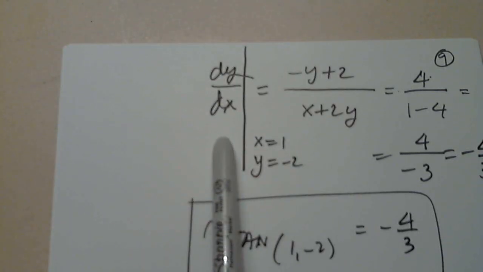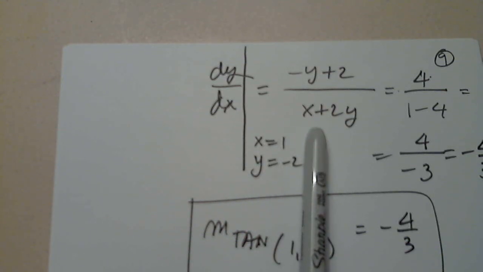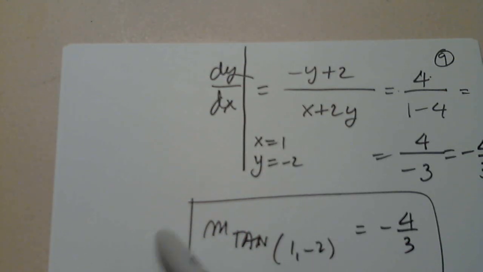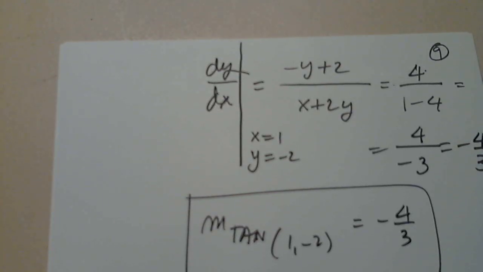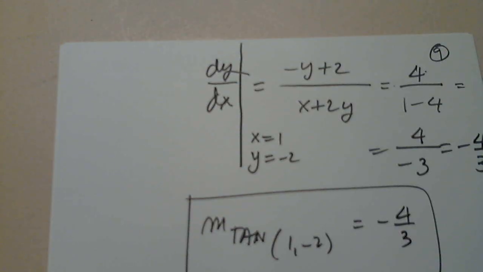I was able to find an expression for y prime and plug in the numbers that I'm given, plugging them into the expression, I was able to find the slope of the tangent line to the graph at that point. Any questions?